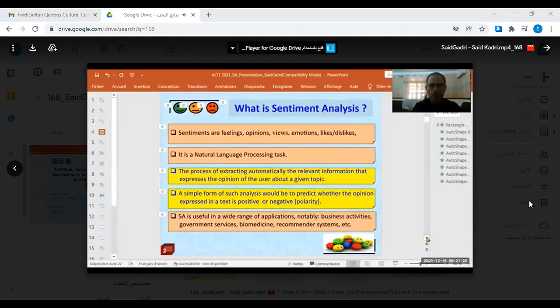A simple form of such analysis will be to predict whether the opinion expressed in a text is positive or negative. We talk about polarity. Sentiment analysis is useful in a wide range of applications. We can cite business activities, government services, new medicine, and recommender systems and other applications.